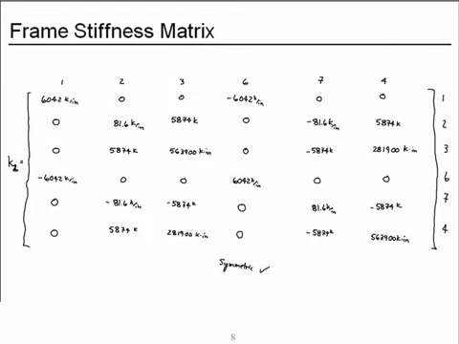So for our member 2, row 4, our first 3 coefficients are given by these. Then column 5 is 0, then 6 and 7, and then columns 8 and 9 are 0.